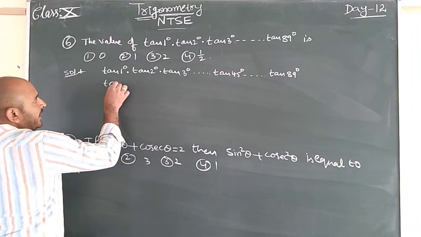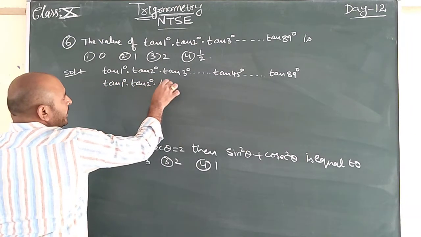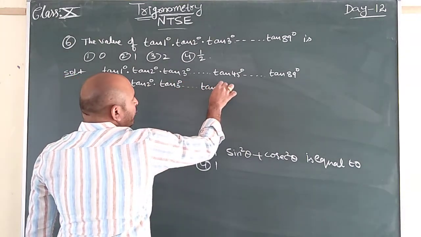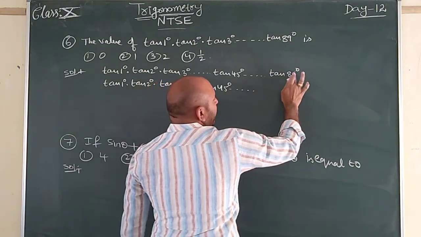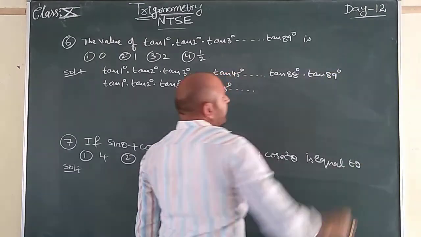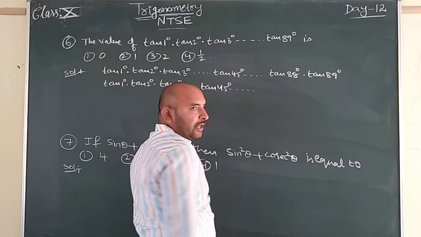So tan 1 degree into tan 2 degree into tan 3 degree and so on, tan 45 degree, and so on, tan 88 degree into tan 89 degree. So how can you write tan 88 degree?